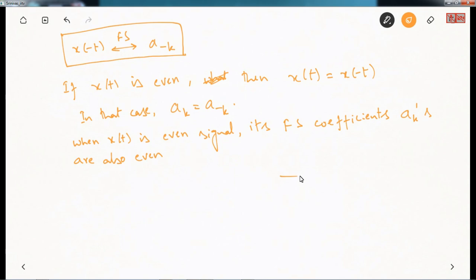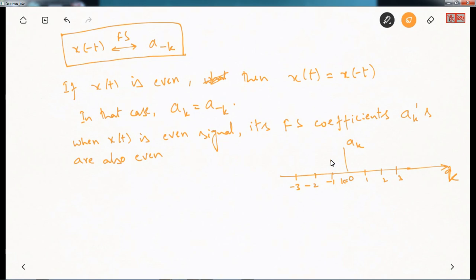In the sense, say these are the a k's. This is for k equal to 0, k equal to 1, k equal to 2, k equal to 3, and so on. This is k. Minus 1, minus 2, minus 3, and so on.